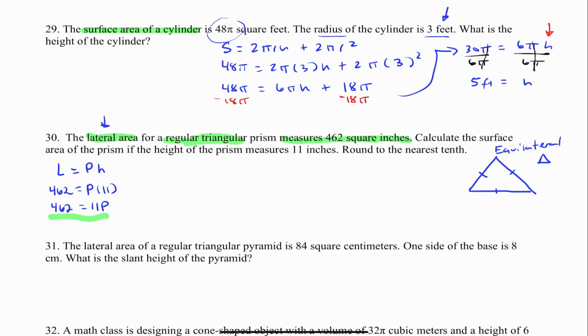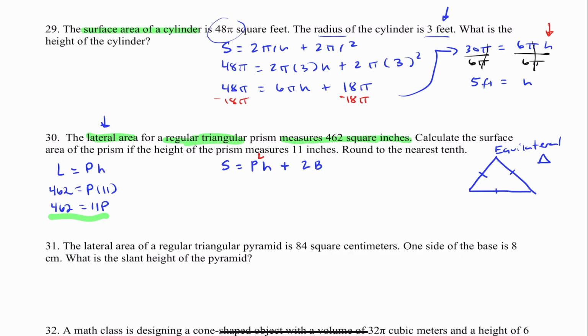So the surface area formula is S equals perimeter of the base times the height. Remember, that is our lateral area here, plus 2 times the area of the base, okay? So, what do we have here?